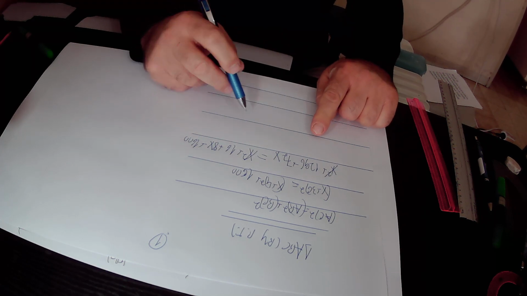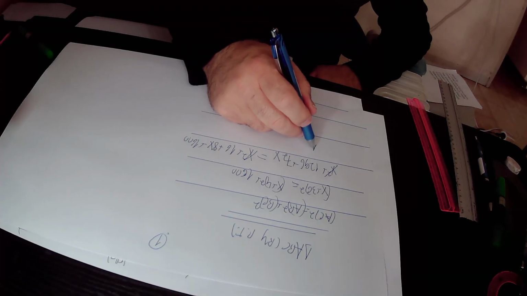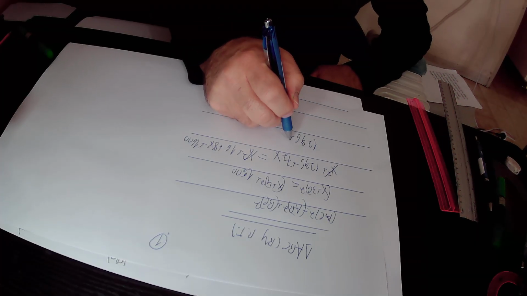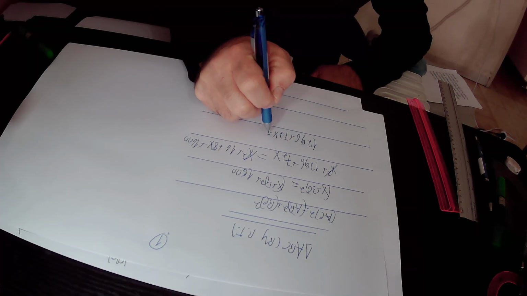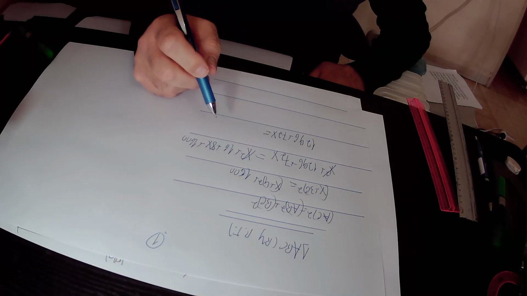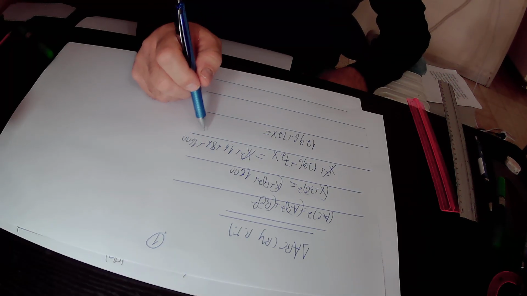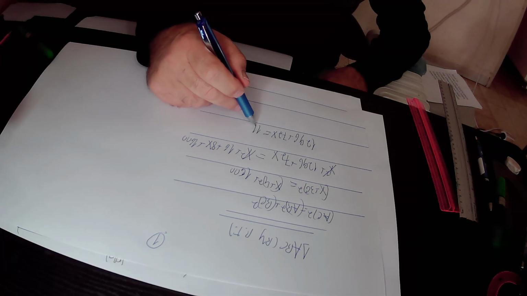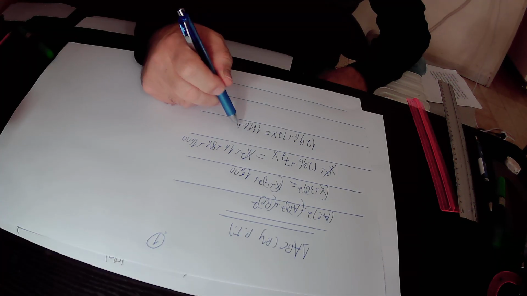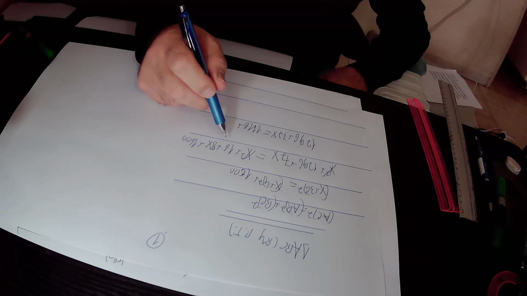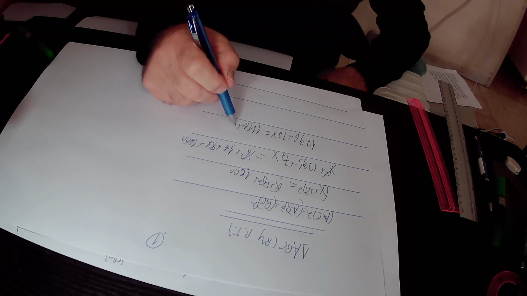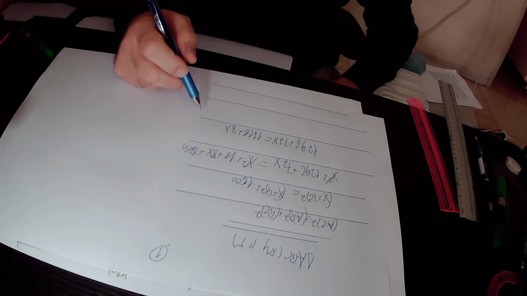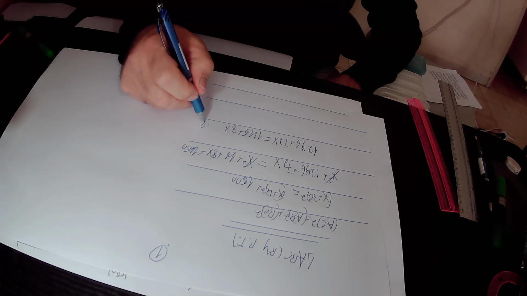After you cancel x squared, on this side of the equation we have only 1296 plus 72x, which equals 16 plus 1600, that is 1616, plus 8x. Here we'll subtract 8x from this equation.